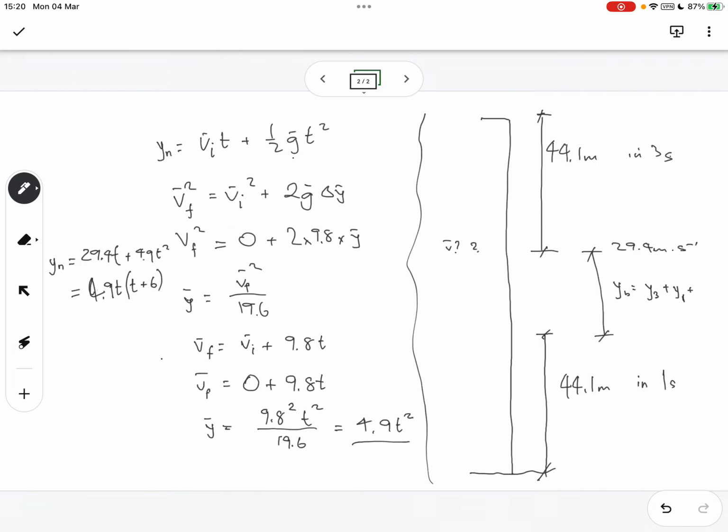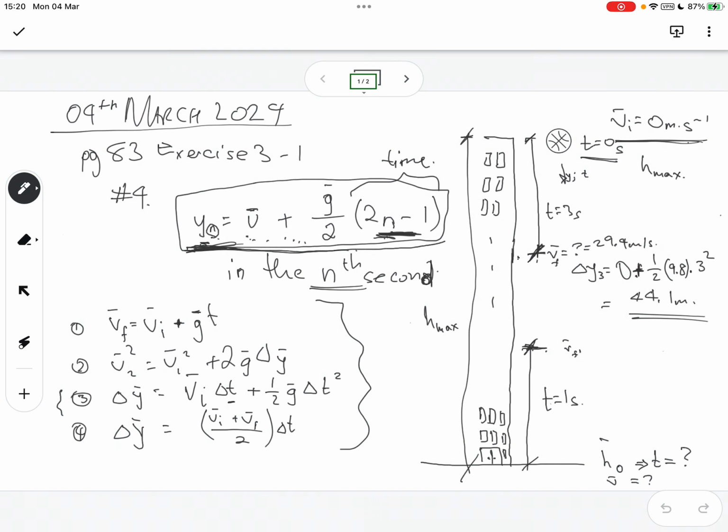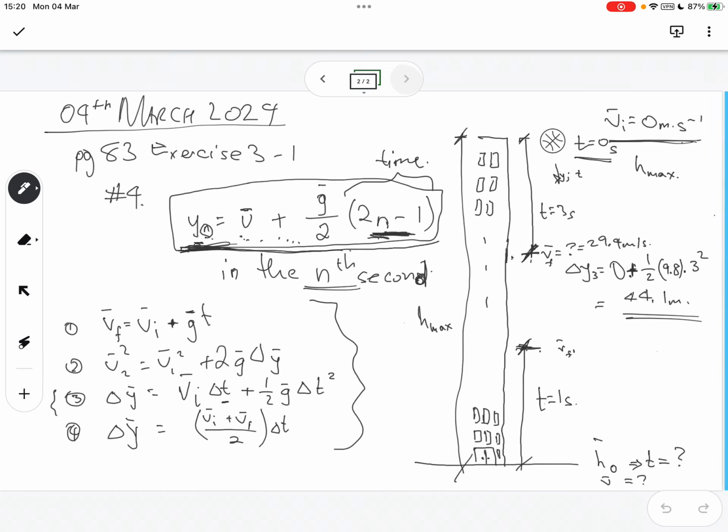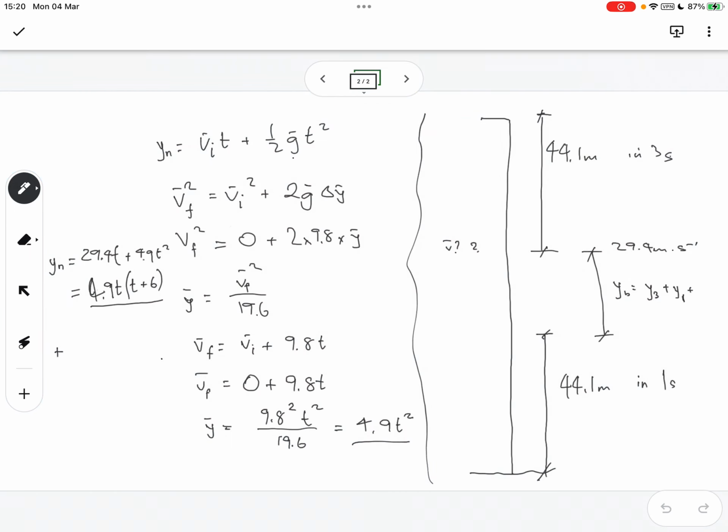Then total distance would be that plus, which one did we use, this one?